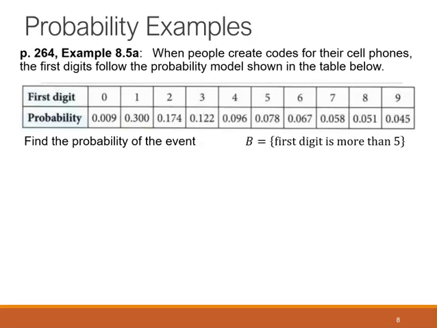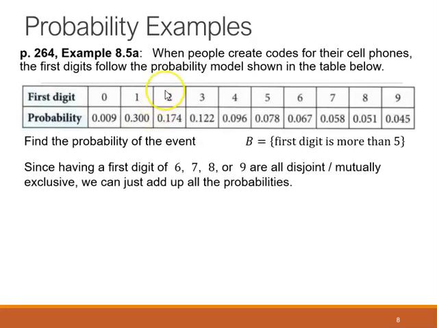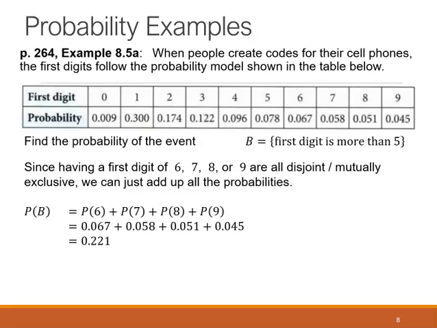It can only be one or the other, right? That holds for all first digits for a passcode. Everybody agree? Okay. They're all mutually disjoint, so we can just do the probability of 6 plus the probability of 7 plus the probability of 8 plus the probability of 9. So if we just read those from the table, we get 0.221. Is everybody okay here?